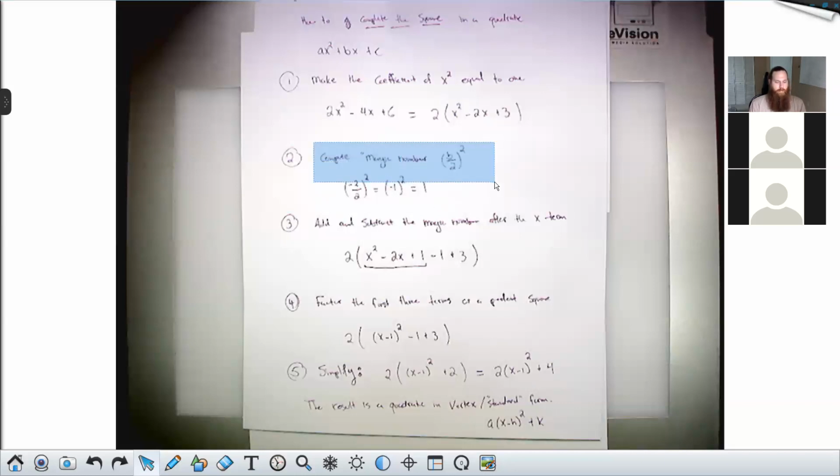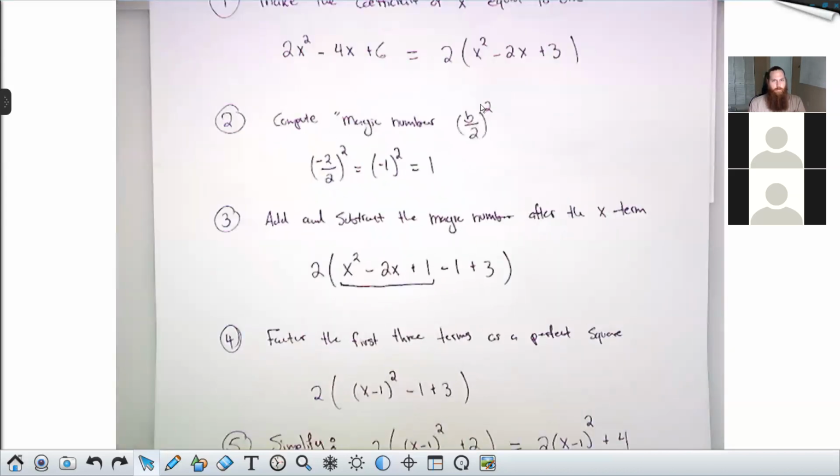So step 2 says compute the magic number, which is b over 2 all squared. So there's no capital A's here. Is that what you're asking? Okay, yeah. This is a b.